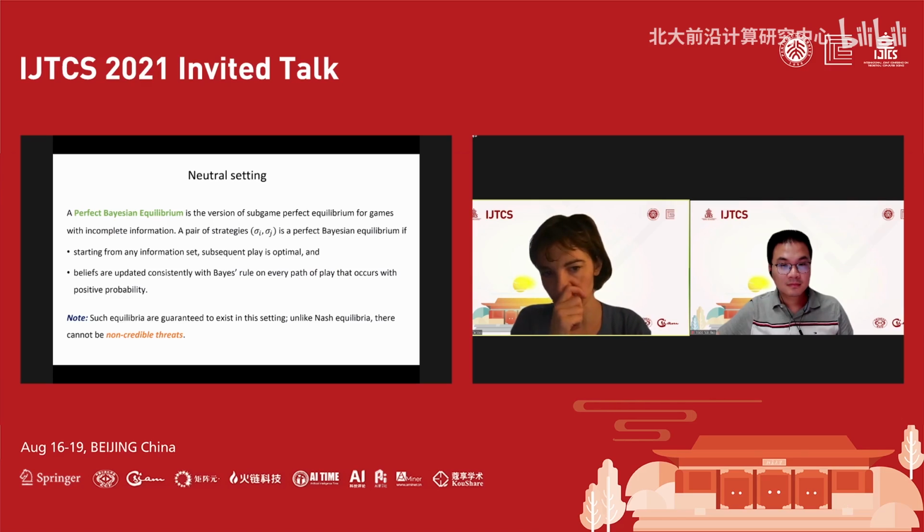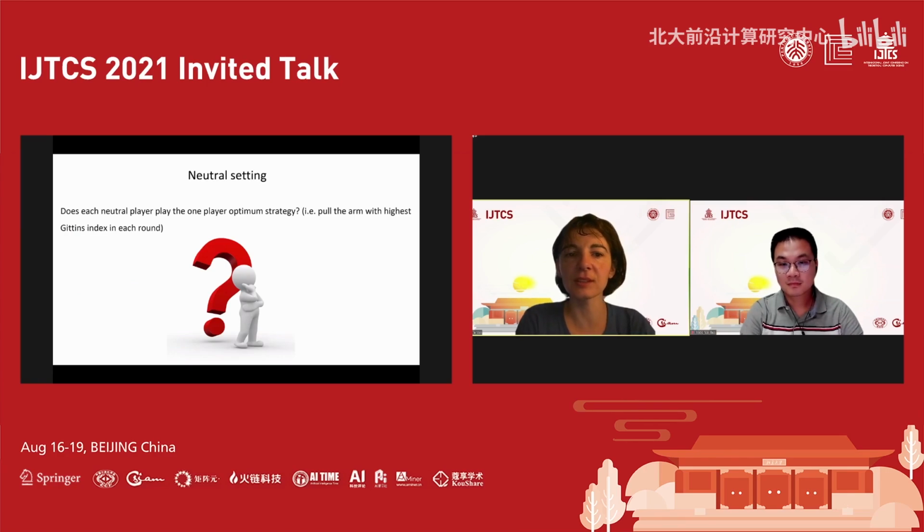And such equilibria are guaranteed to exist in this setting. And the difference from Nash equilibria is that in the perfect Bayesian equilibrium, there cannot be non-credible threats. Like Alice cannot threaten Bob, if you do this, I'll retaliate in some terrible way. Because if that is not believable, then the threat doesn't really carry any weight.